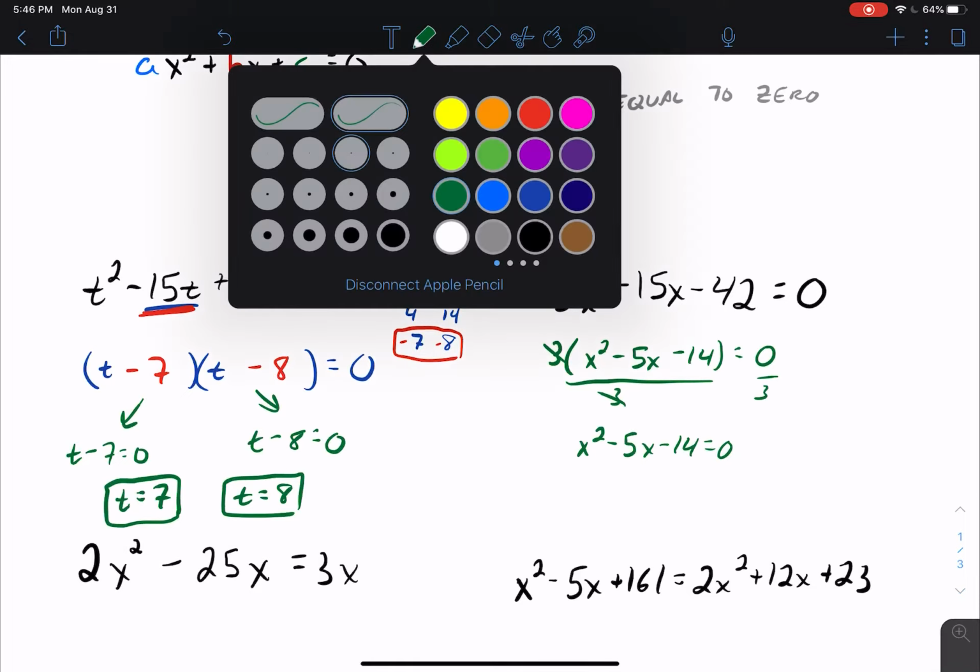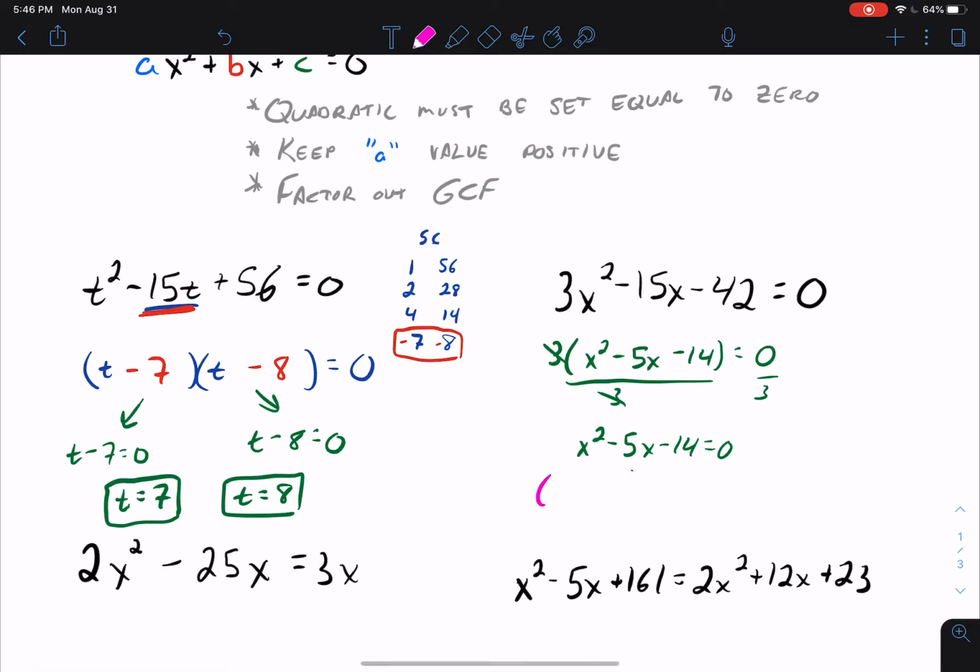So next up, I need to factor this. Don't forget that it's equal to 0. This is still an equation. The first two terms have to be x and x, because they multiply to x squared. The last two terms need to multiply to negative 14, and the inners and the outers need to combine to give me negative 5x. So what multiplies to negative 14 and combines to give you negative 5?